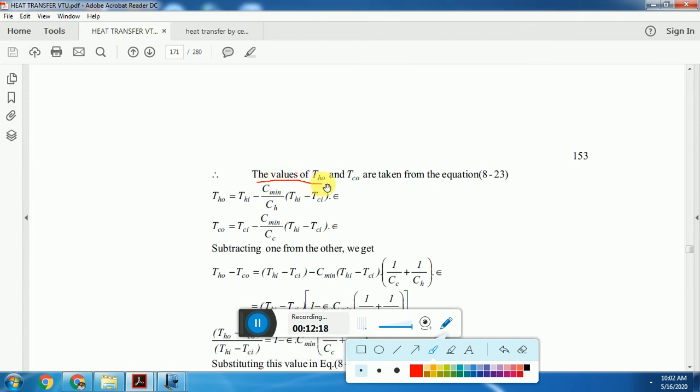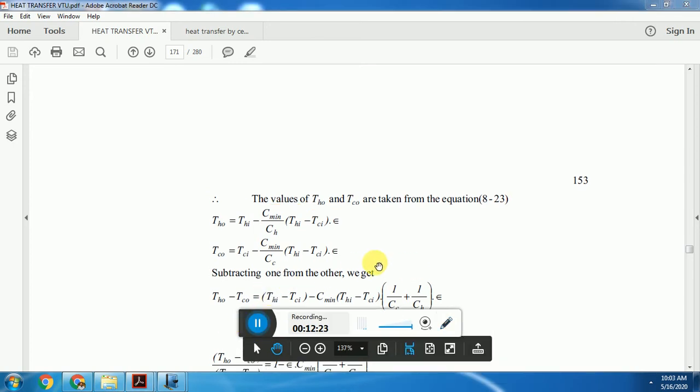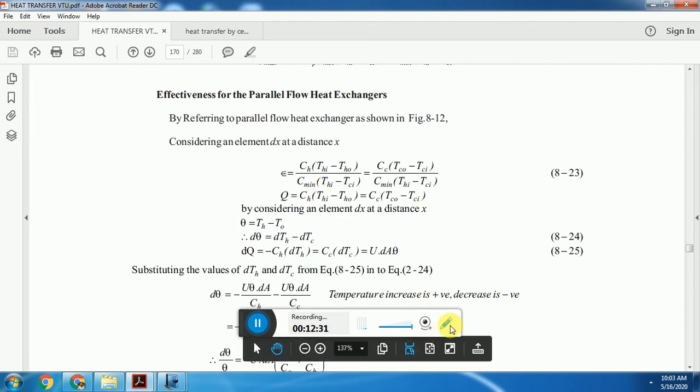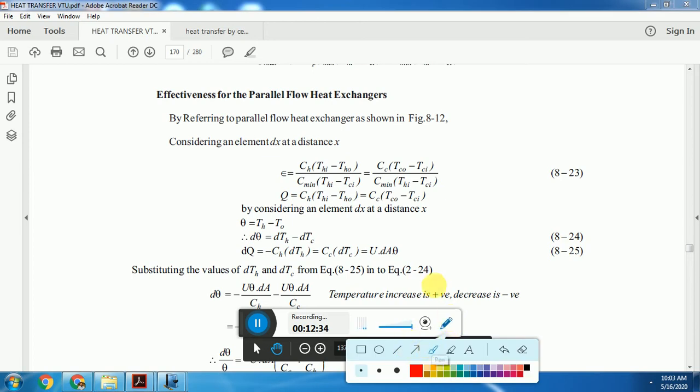Now Th naught, from equation 8.23, that is the equation for the effectiveness, this equation.